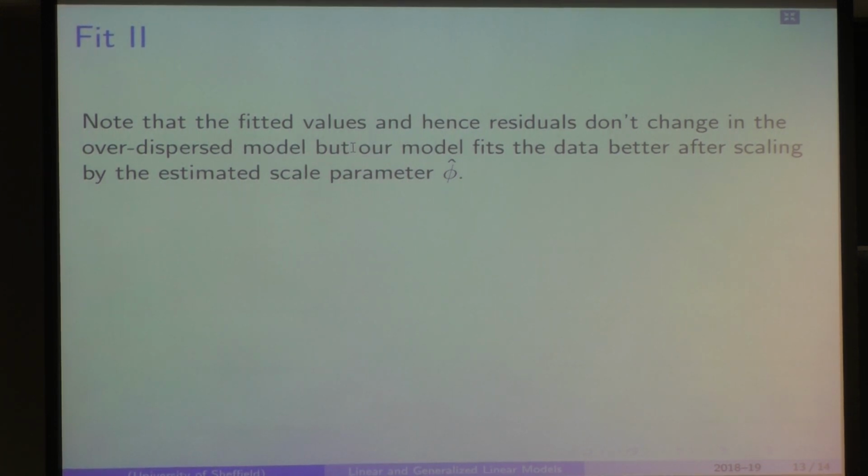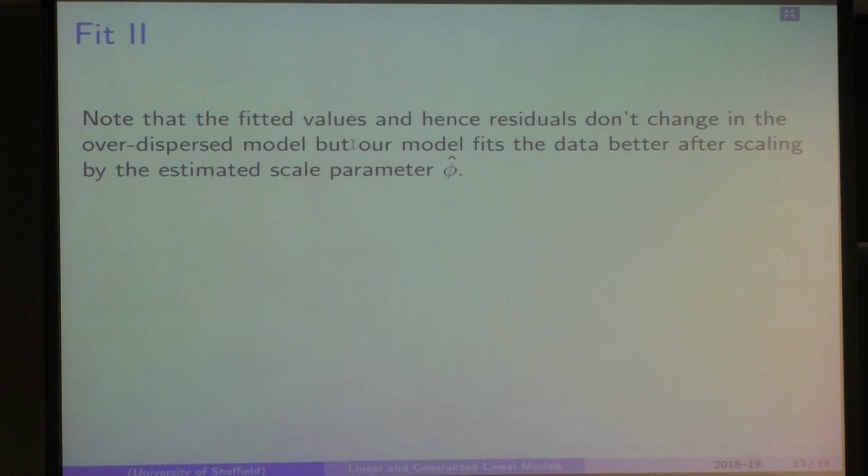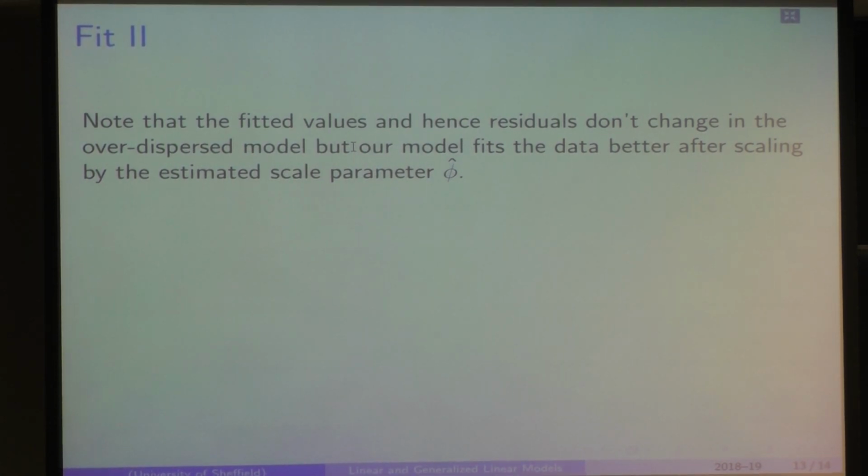So if you're assuming phi is 1, you get the same estimates of the betas as you do for a different value of phi. So the fitted values don't change, and so the residuals don't change either. Okay? What having this larger value of phi does is it allows the model to essentially fit better because it's allowing a larger variance than the original model was.